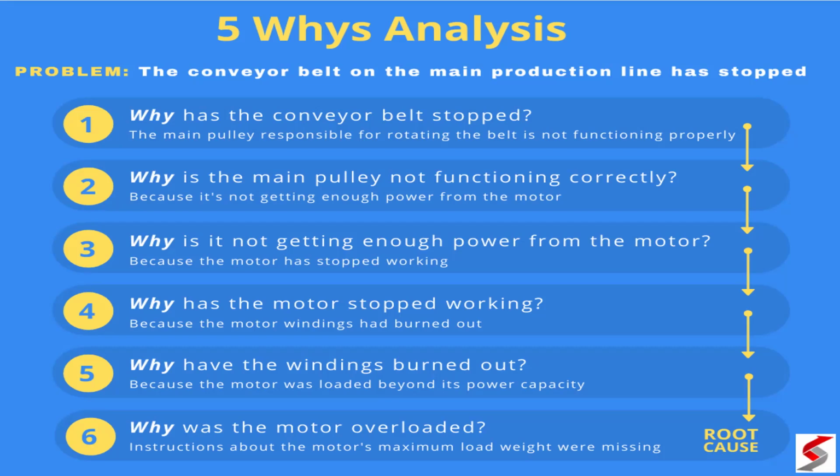Because the motor was loaded beyond its power capacity. Why was the motor overloaded? Instructions about the motor's maximum load weight were missing. So this is why we have the problem with the motor and conveyor belt.